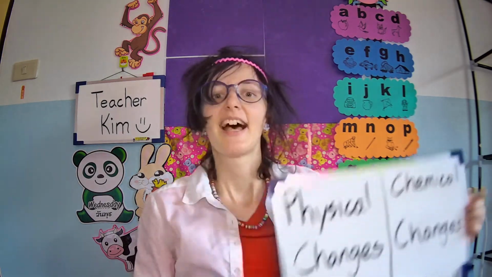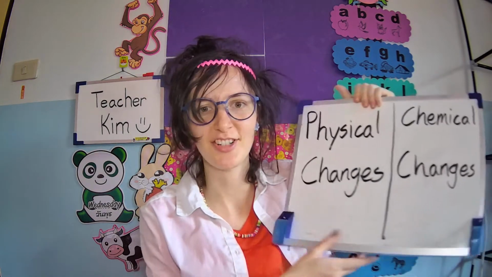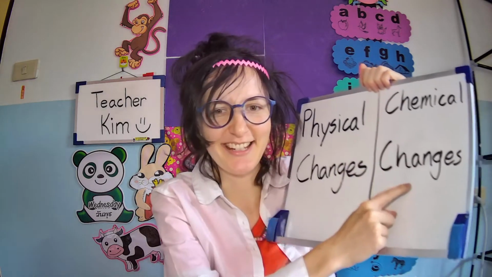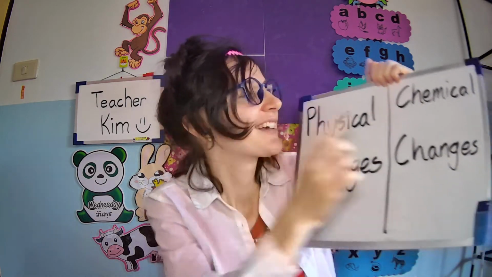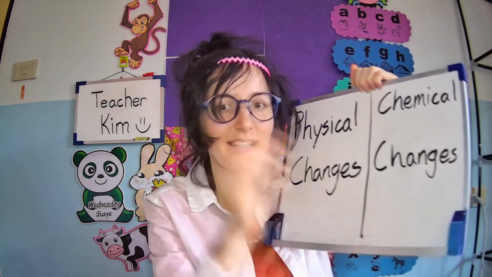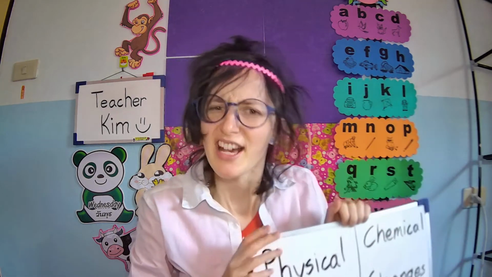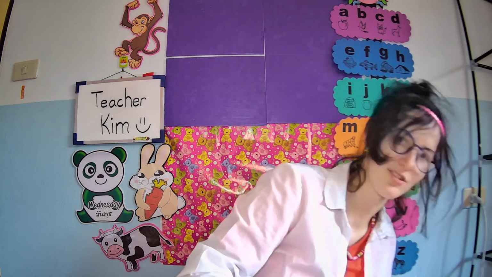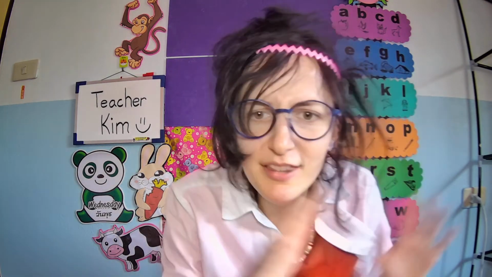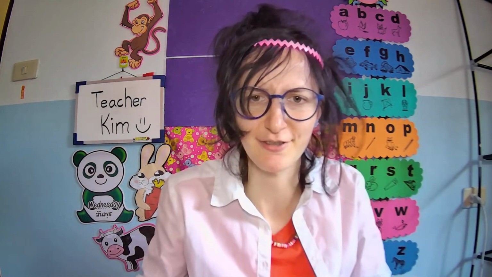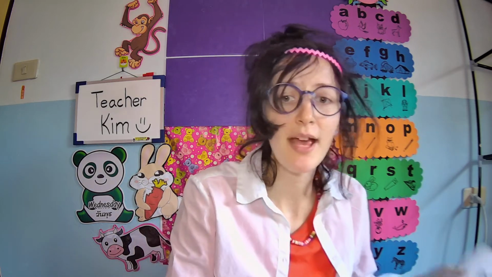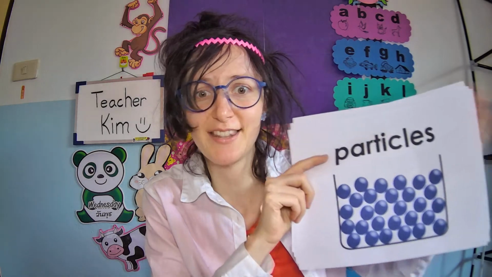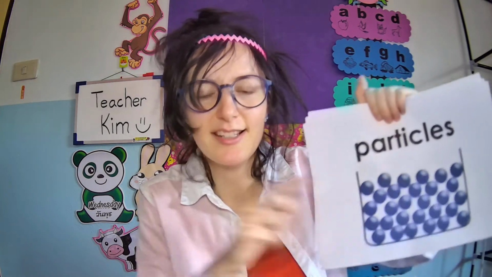Okay, next, let's talk about chemical changes. So again, everyone say chemical changes. Chemical changes. Okay, so chemical changes are a little more complicated than physical changes. Everything around us, the matter that surrounds us, everything is made of particles. Everyone say the word particles.